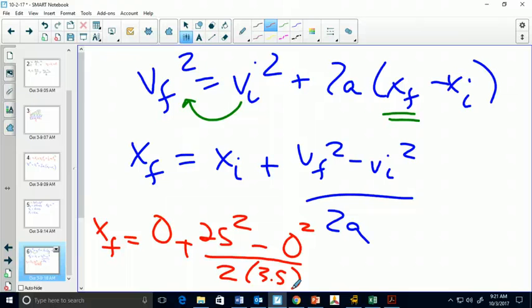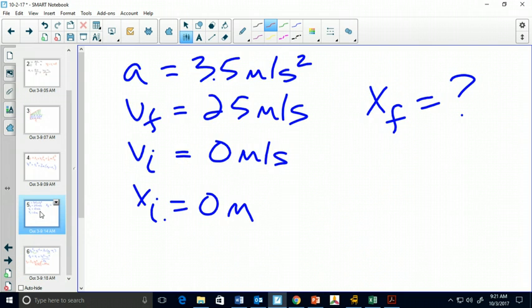If it was traveling in the negative direction and slowing down, its acceleration would be positive. I want to make sure you got that. We solve it out, and we get 89. It will be only two significant figures, because that's what we started with as our smallest amount.